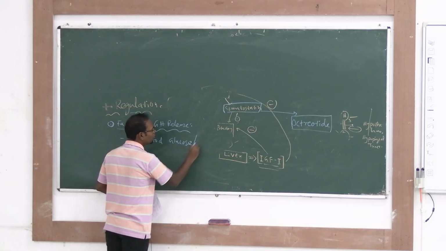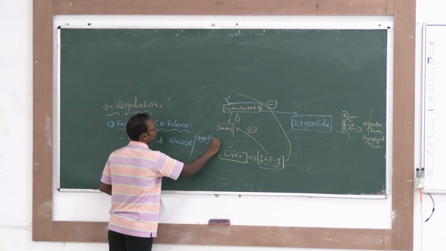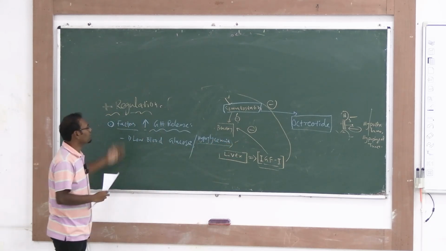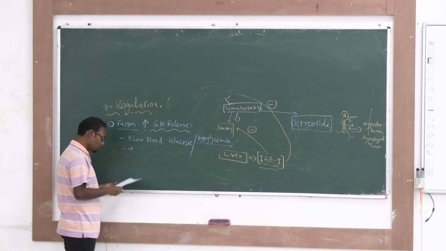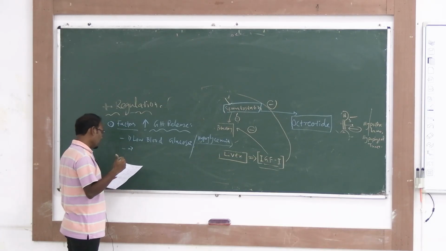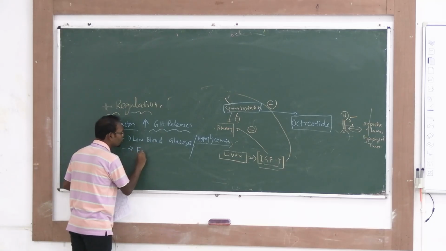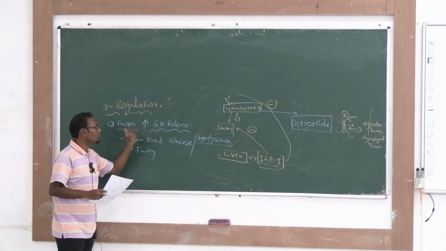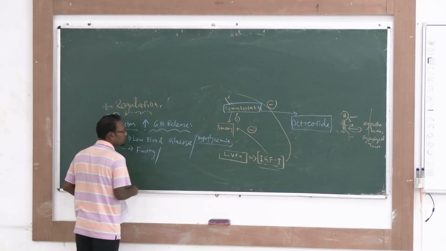So either low blood glucose, hypoglycemia, is the condition which can precipitate increased growth hormone release. Second is fasting. So when you are fasting, your body will be using your available blood glucose, so ultimately your blood glucose level will be low.